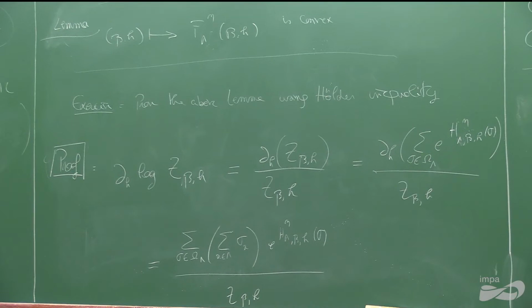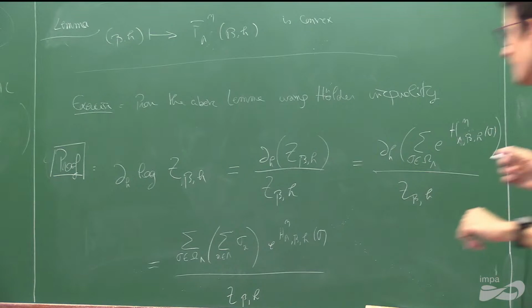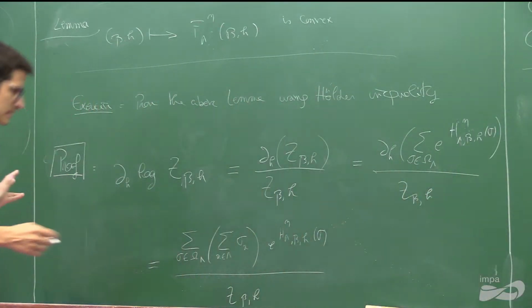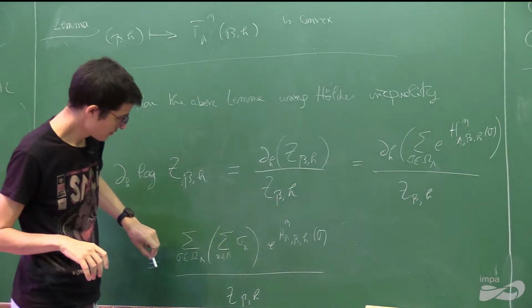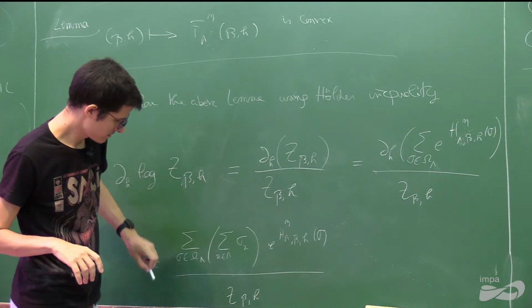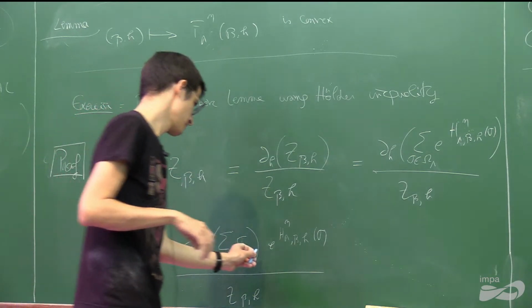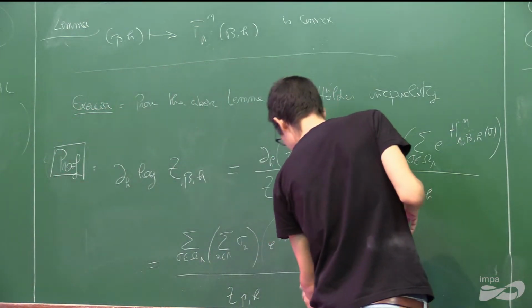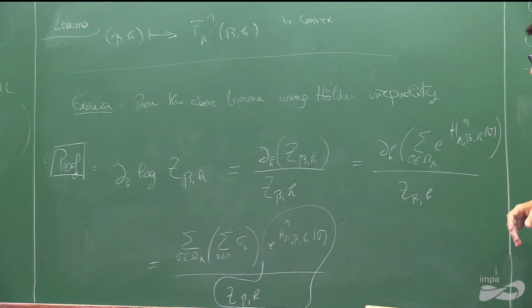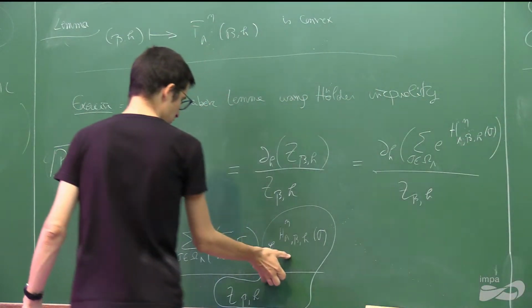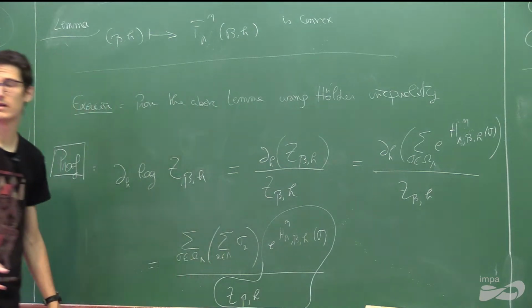Okay, so now we can recognize something here. Basically, this is exactly the probability of the configuration sigma. So we are summing over sigma the probability of the configuration sigma times a function of sigma.